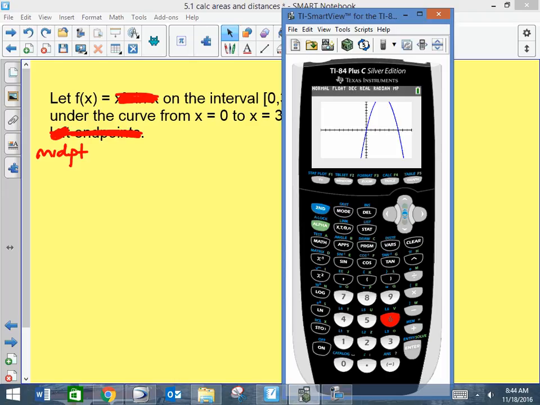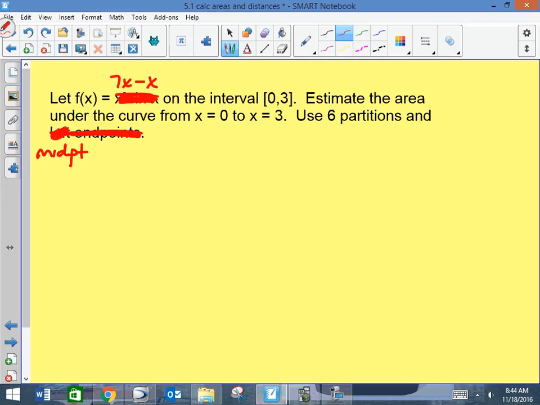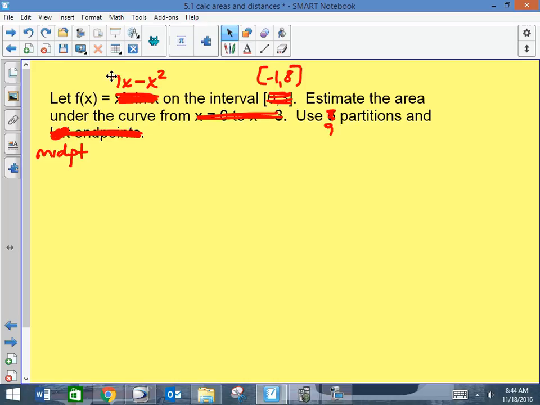Let's do 9 partitions. Okay, I'm doing midpoint, right? Wait, so is our interval -1 to 9? Yes. Okay, so we're going to do 7x minus x squared. Get my interval -1 to 8 using 9 partitions for midpoints.